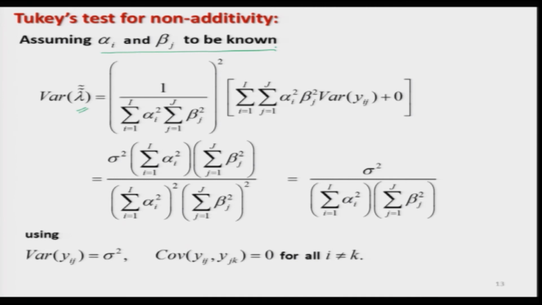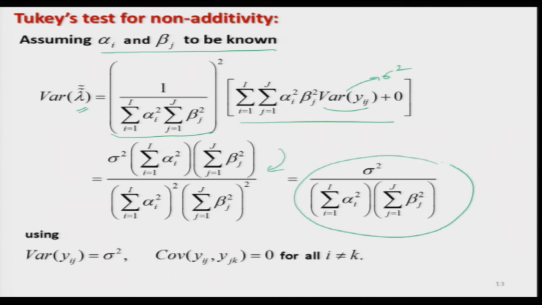So, this will simply become the square of this quantity into double summation alpha i square beta j square into variance of Yij, because alpha i and beta j are known to us. This variance of Yij is simply sigma square. If you simply solve it, this will come out to be sigma square upon summation alpha i square into summation beta j square.